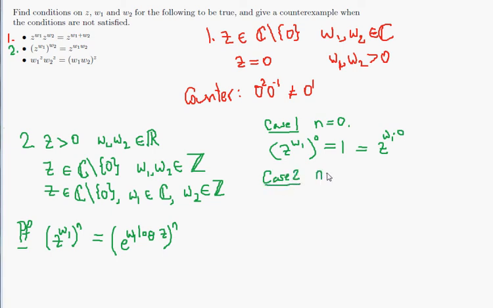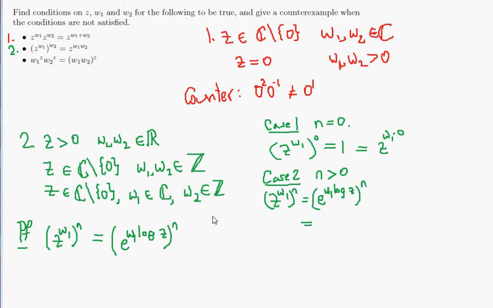Suppose n is a positive integer, then z to the w1 to the nth power is equal to, by definition, e to the w1 times the log of z, to the nth power.